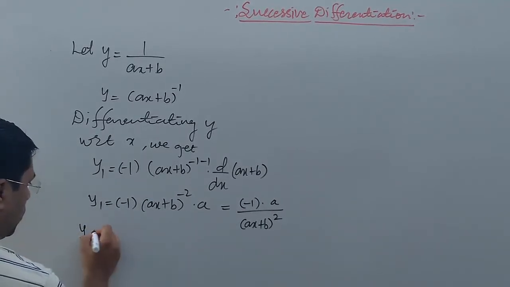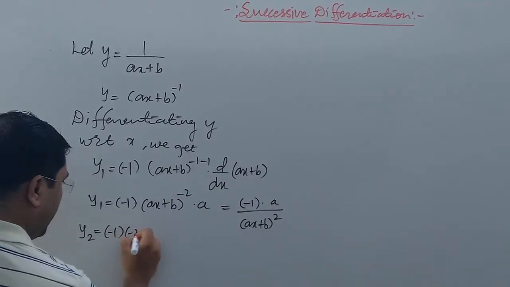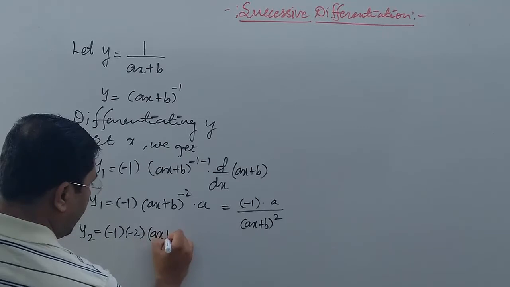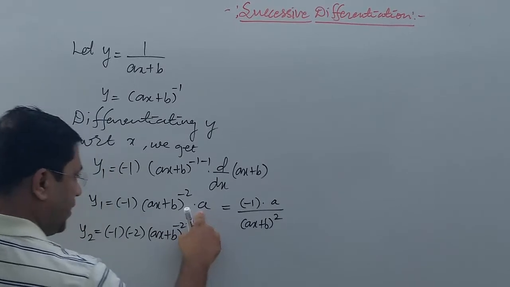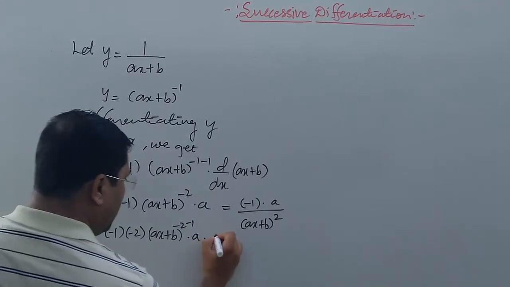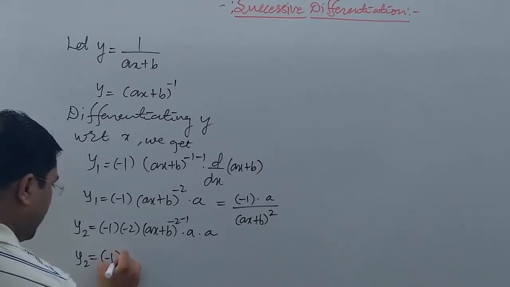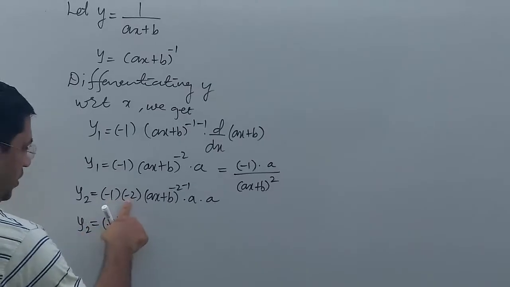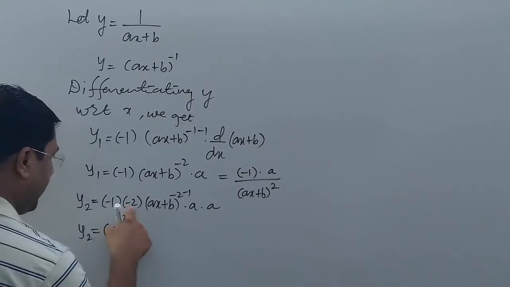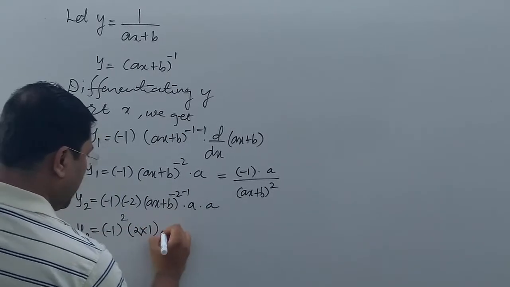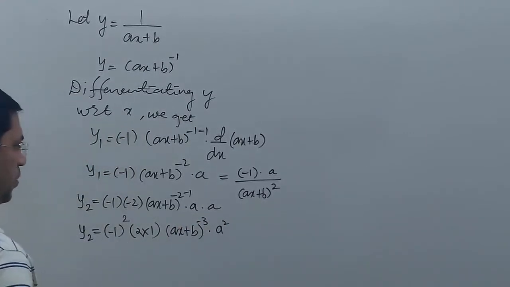Now again we differentiate this. y2 is equal to minus 1, this minus 2 will come down, then we have (ax plus b) raised to minus 2 minus 1, and we have this a already. Again the derivative of the inner term gives a. So y2 is equal to minus 1 squared into 2 into 1, (ax plus b) raised to minus 3, and a squared.